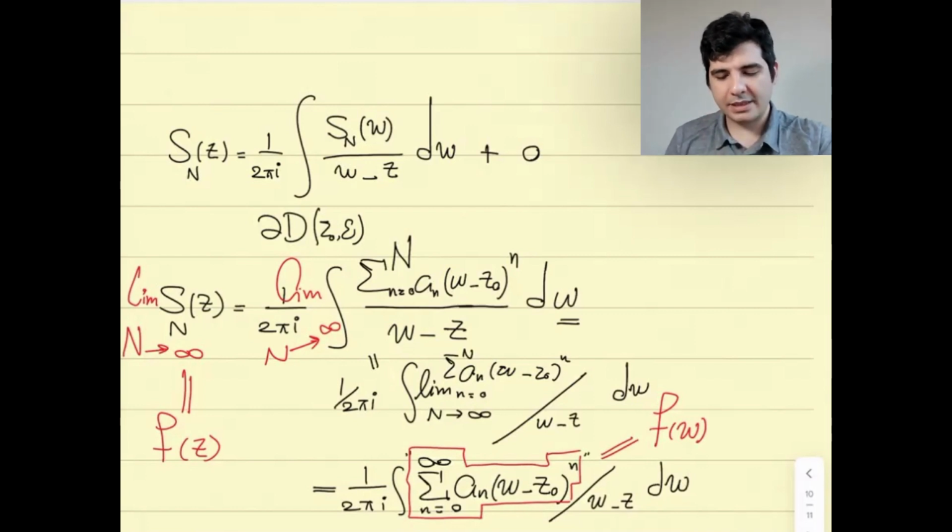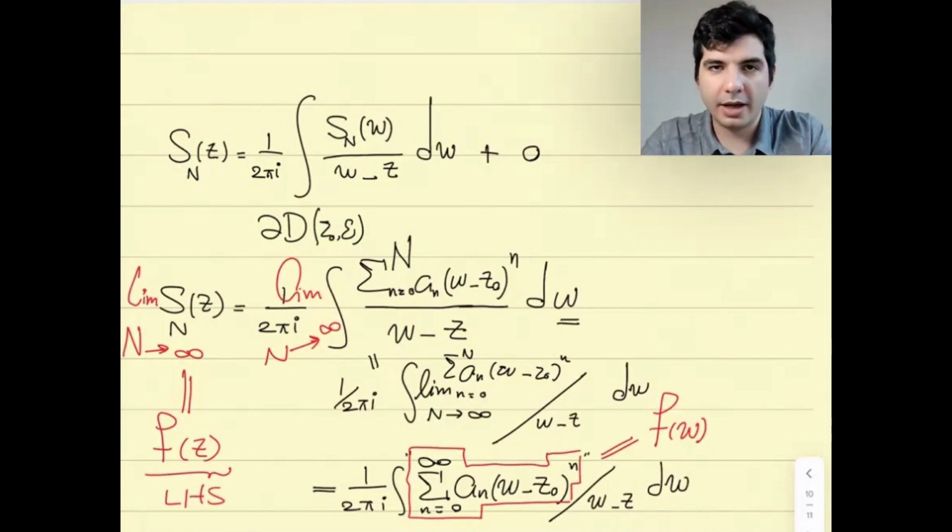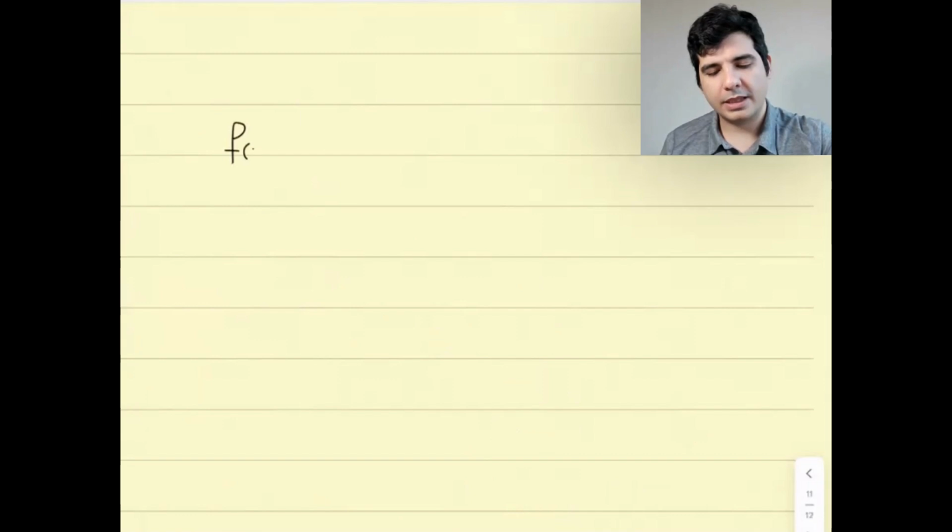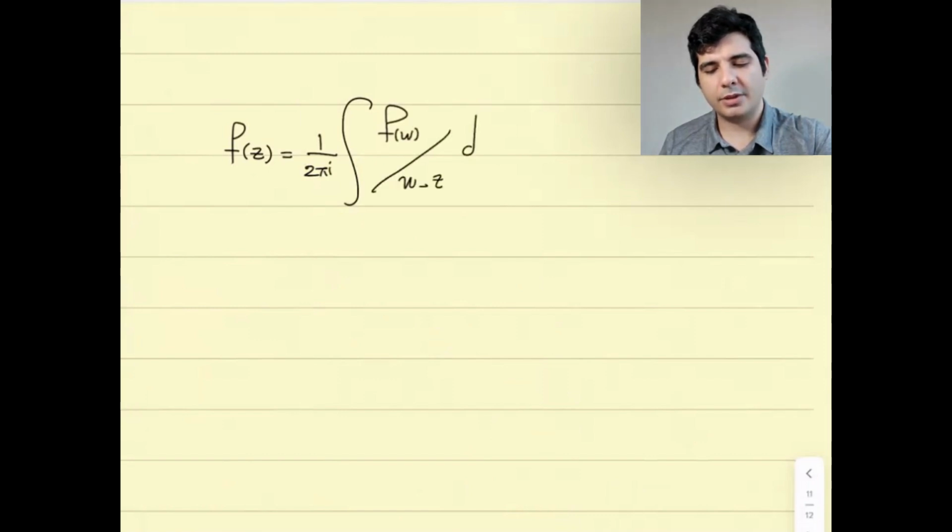We get f of z is equal to, on the left-hand side, f of z. On the right-hand side, we have 1 over 2 pi i integral of f of w over w minus z dw. So therefore, what we learned is that f of z is equal to 1 over 2 pi i integral of f of w over w minus z dw.